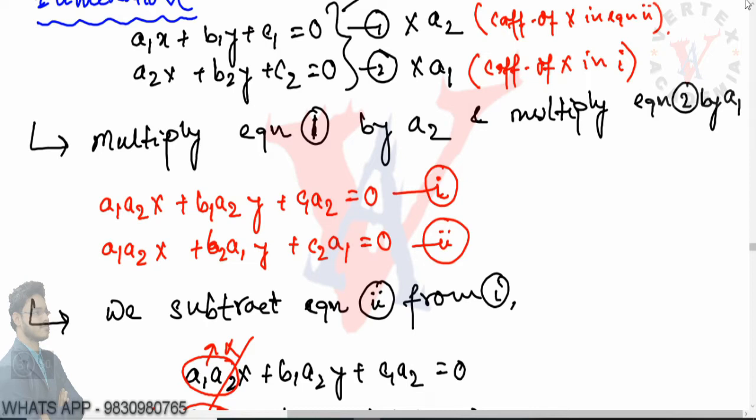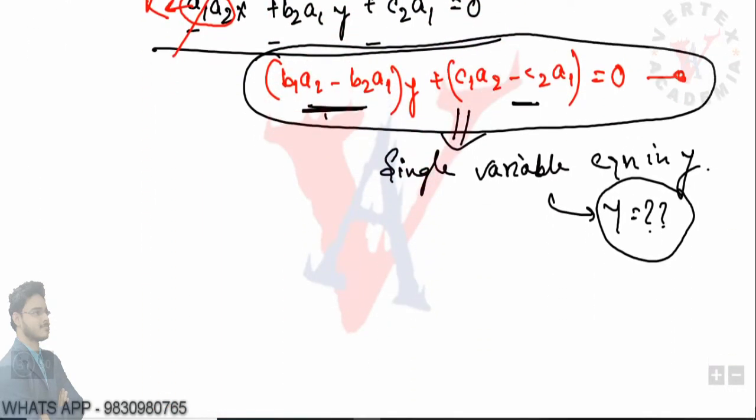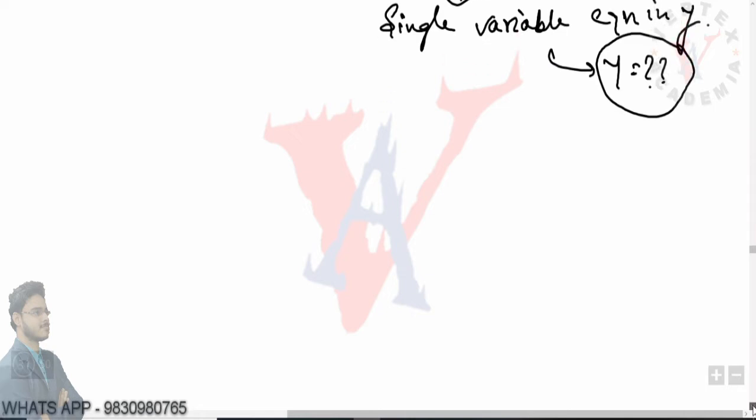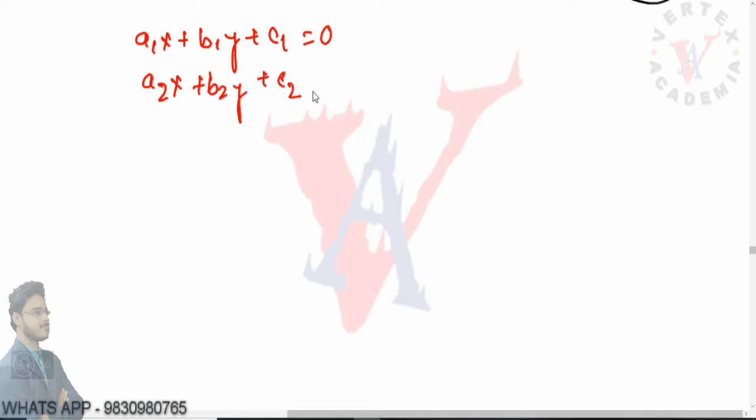Let me show you what I mean by the opposite thing. We have the equations a1x plus b1y plus c1 equals 0 and a2x plus b2y plus c2 equals 0. What we can also do is multiply equation 1 by b2 and equation 2 by b1.